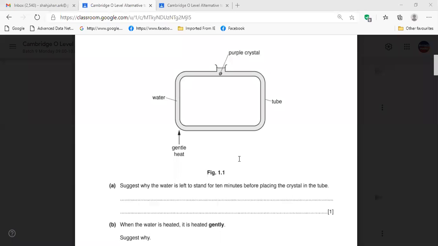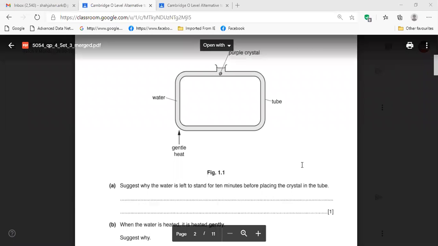Okay, so the question is asking why the water is left to stand for 10 minutes before placing the crystal in the tube. If you place the crystal in the tube, what happens? Diffusion happens.